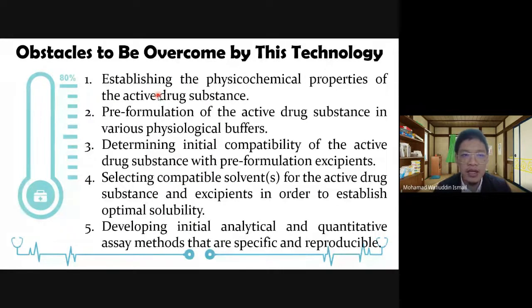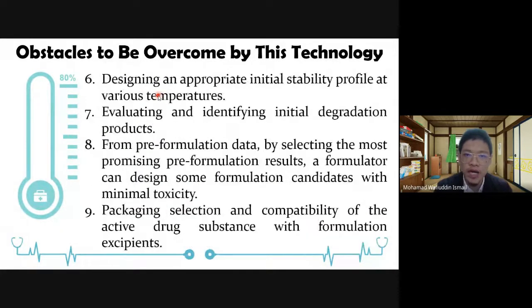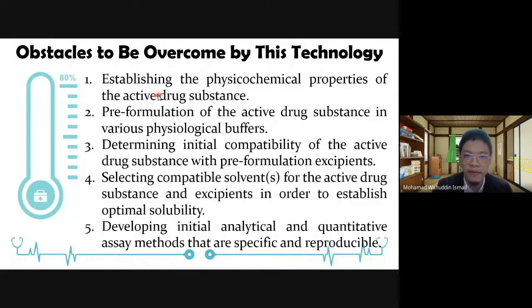However, there are many obstacles to overcome with this technology. First is establishing the physical and chemical properties of the active drug substance. Pre-formulation is the first part, it's not hard, but it takes quite a long time, because we must ensure the excipient is suitable.